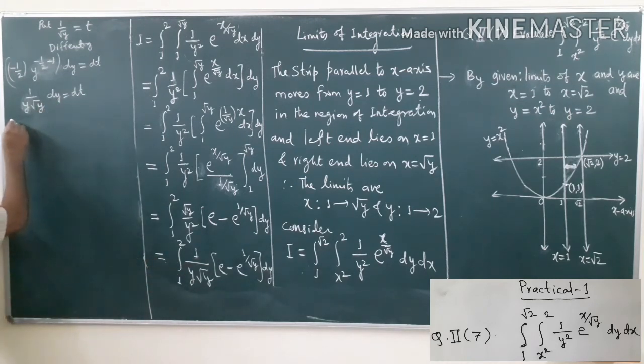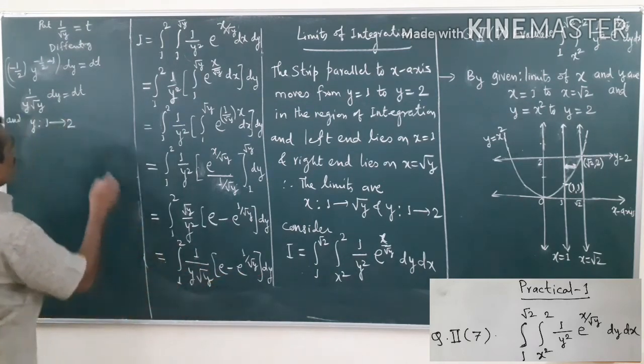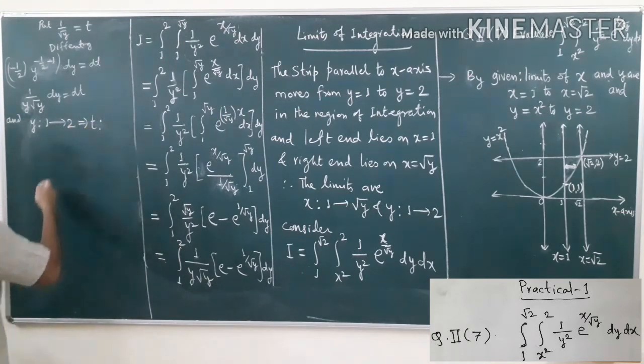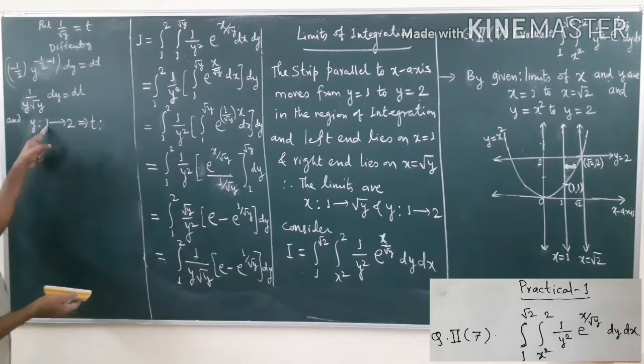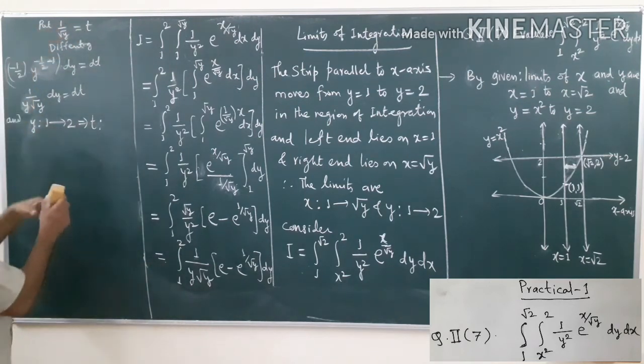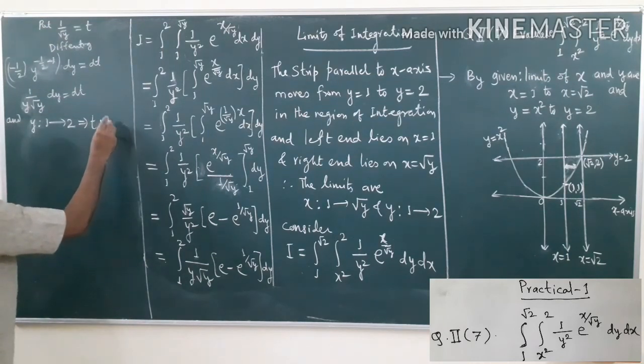Now, limits of integration. What are the limits of y here? Y runs from 1 to 2, which implies t runs from, what are the limits of t? If we take y is equal to 1, t is equal to 1 upon root 1, so that is 1.